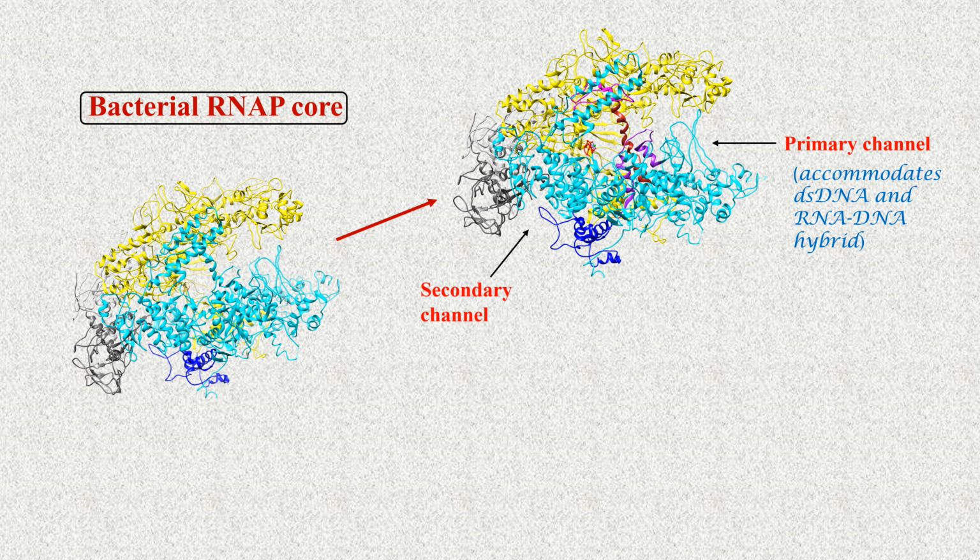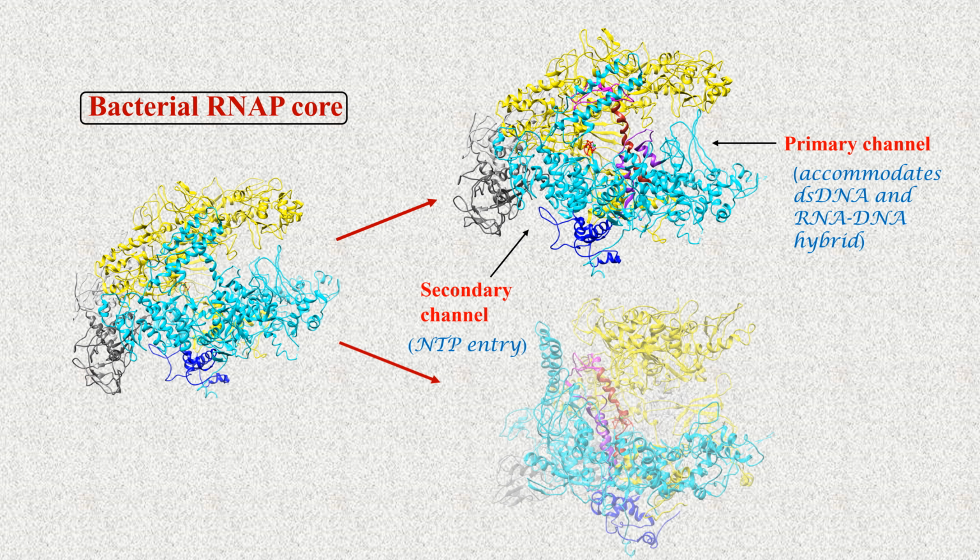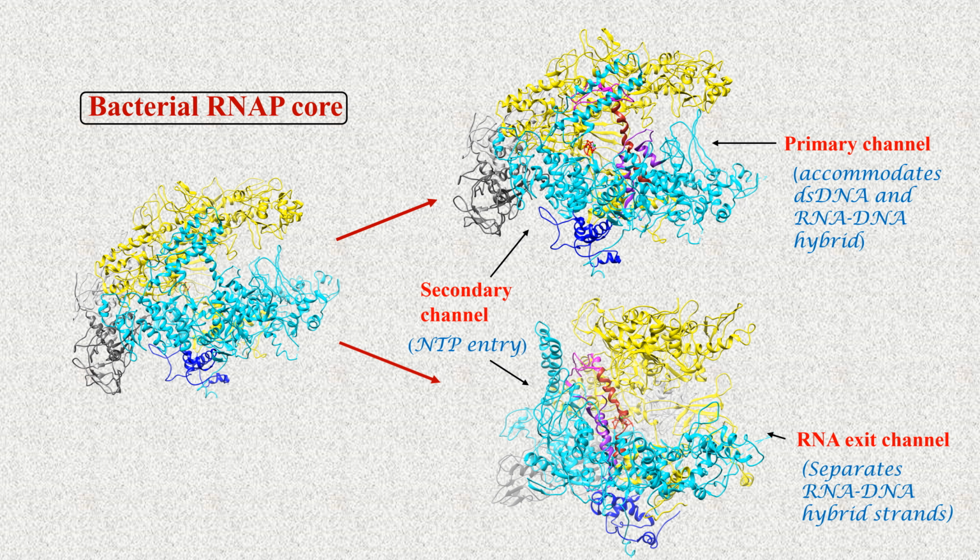The secondary channel is for the entry of nucleotide triphosphates. This is another view of the secondary channel. And third, the RNA exit channel separates RNA-DNA hybrid strands.